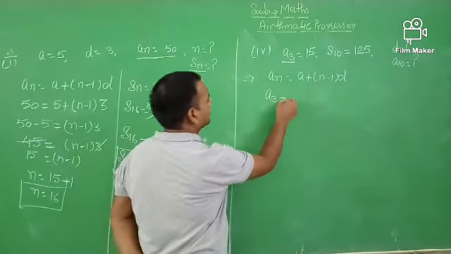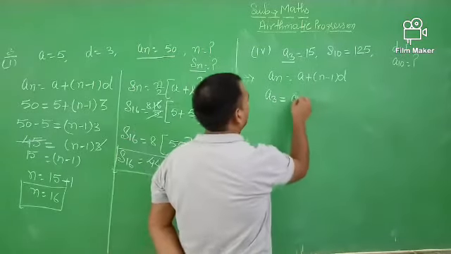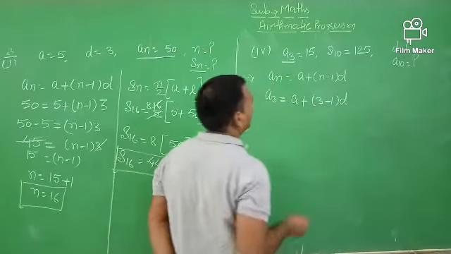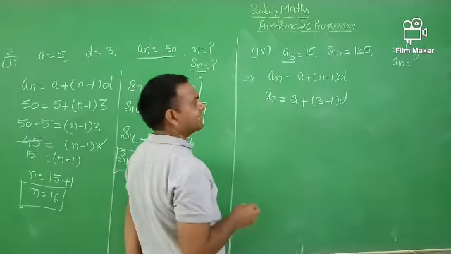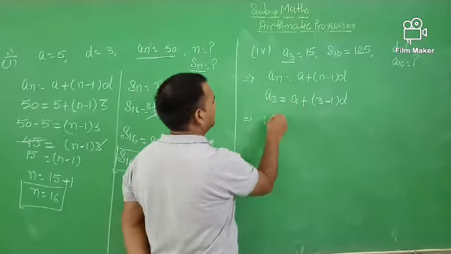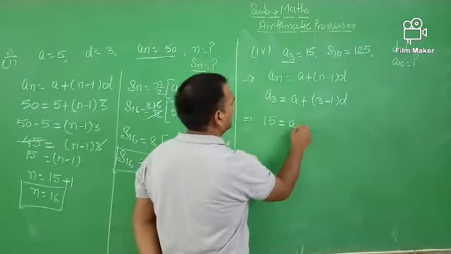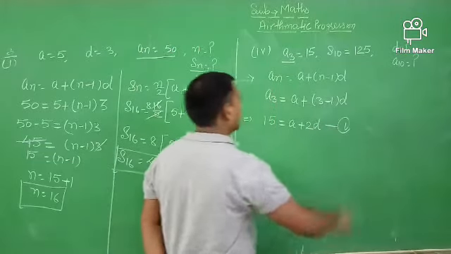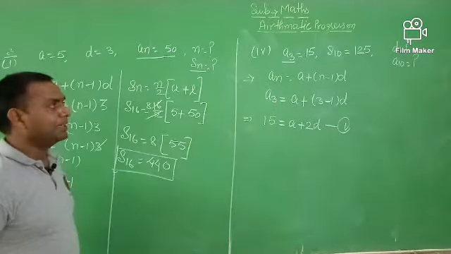So A3 is equal to a plus, here 3 minus 1, into d. The value of A3 is given, A3 is equal to 15. 15 is equal to a plus 2d. This is equation number first, that 15 is equal to a plus 2d.